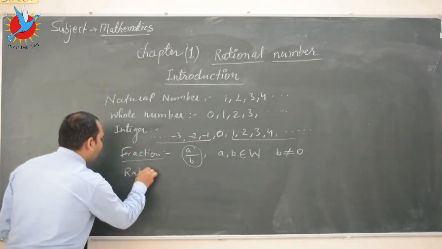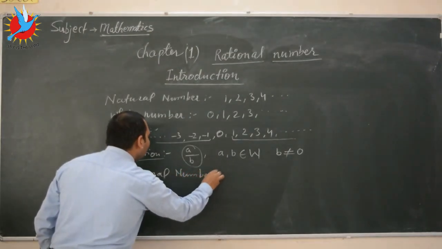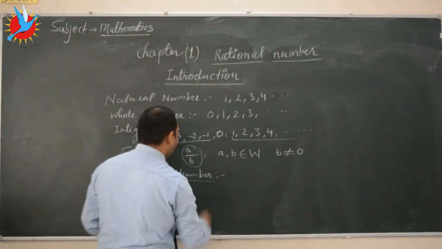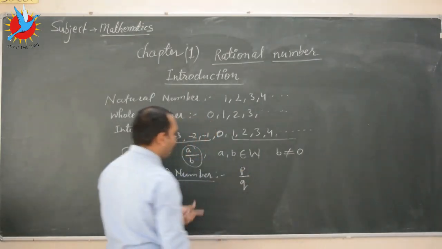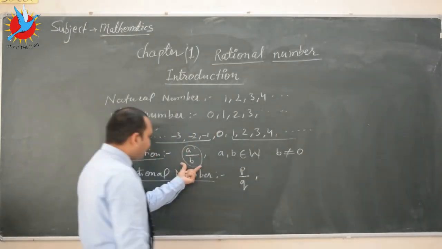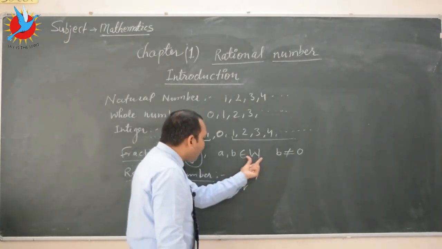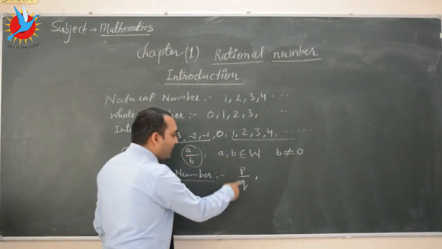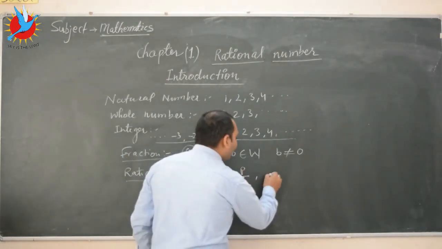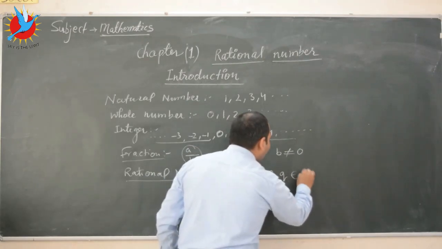What is a rational number? A number which is written in the form p upon q. In a fraction, numerator and denominator should be whole numbers, but here p and q, numerator and denominator, both should be integers.